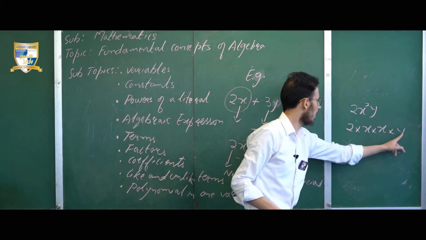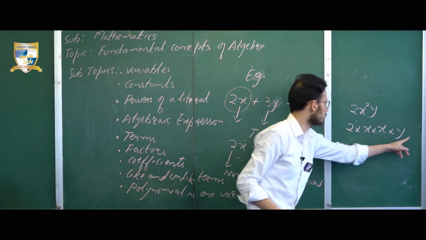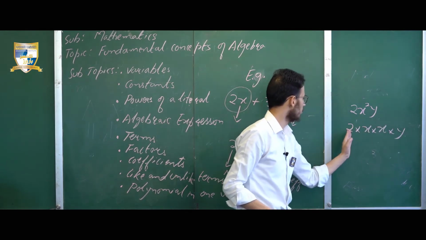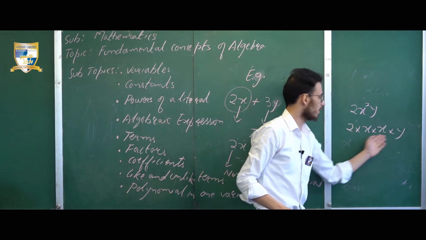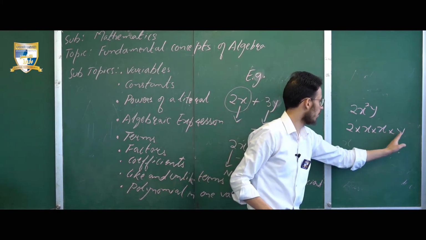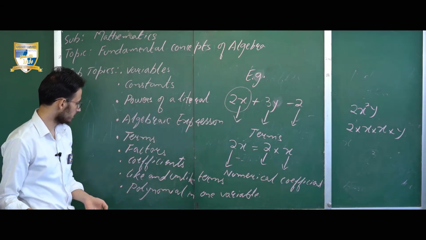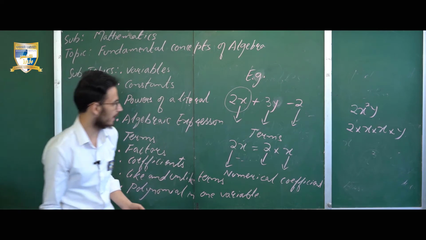And x square y is the literal coefficient of 2. Move on to the next, that is like and unlike terms.